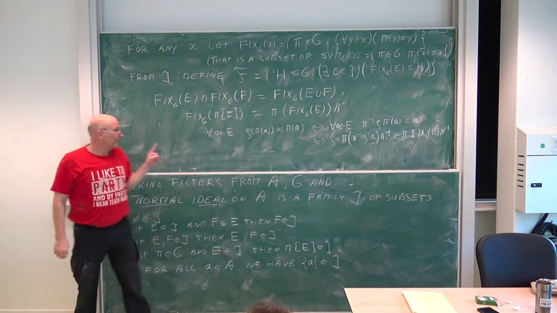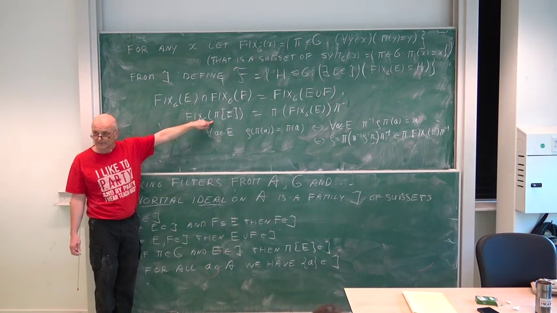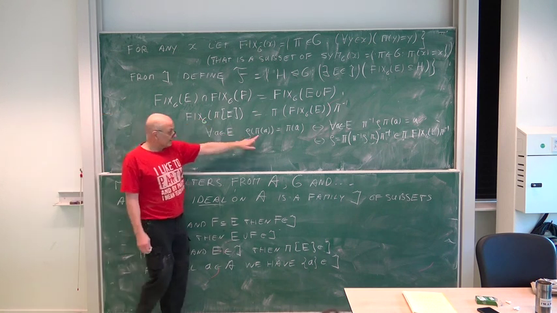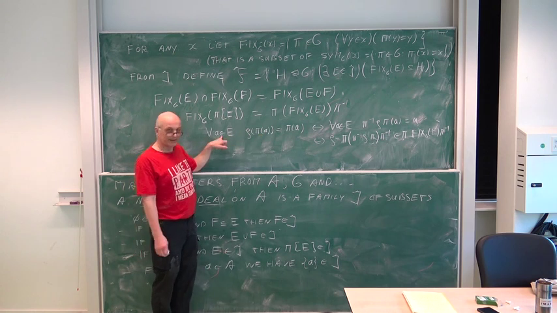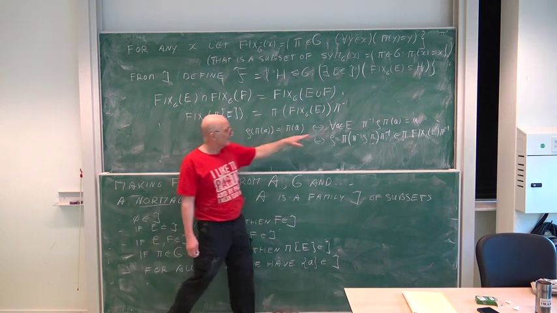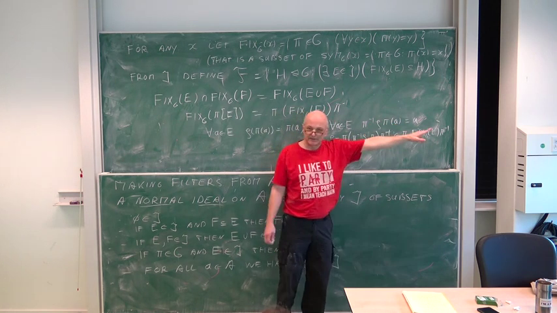Right. If rho is in the fix of this set here, that means that rho has to fix all the things of the form pi a, where a is in E. Well, that means that pi inverse rho pi of a is always equal to a.